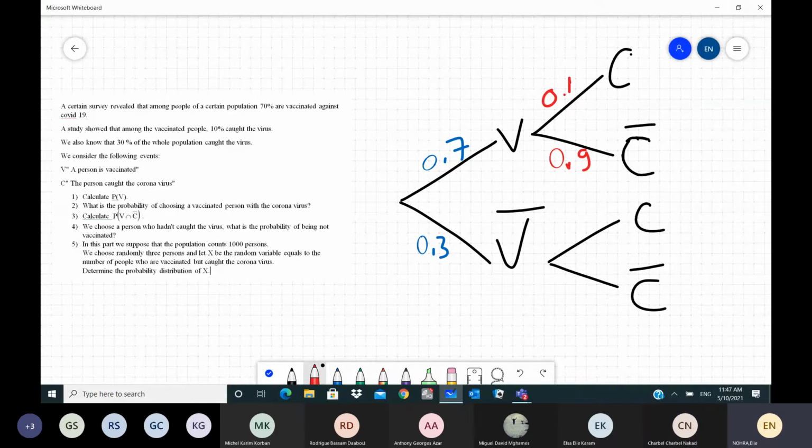Now the question is, I want to ask you, this 30% of the population caught the coronavirus. Where can I invest it in the tree diagram? Non-vaccinated people. Shouldn't we put 0.2 below?